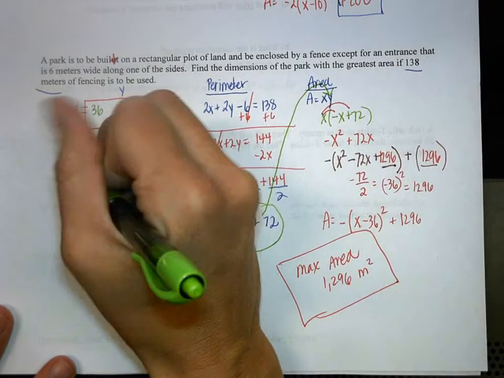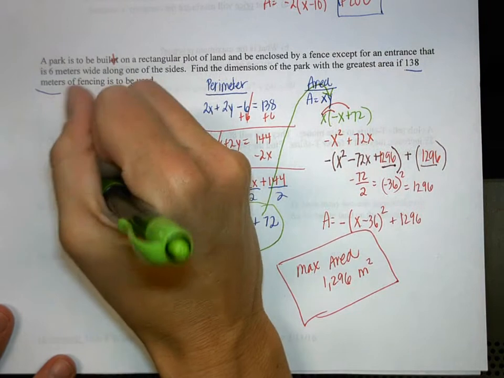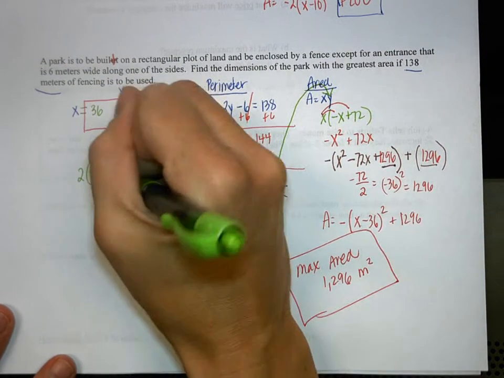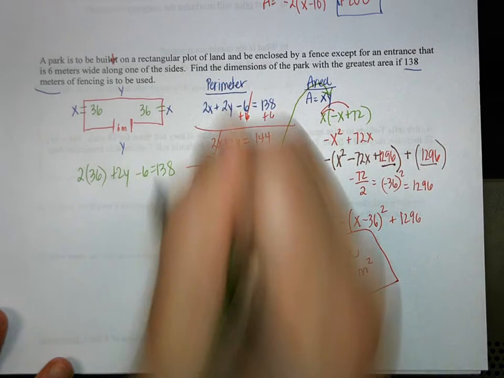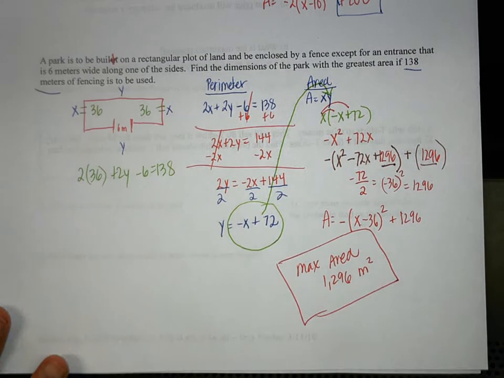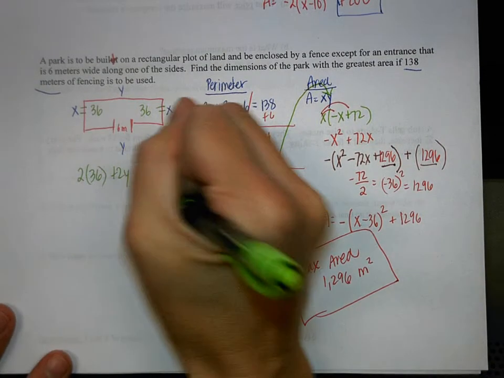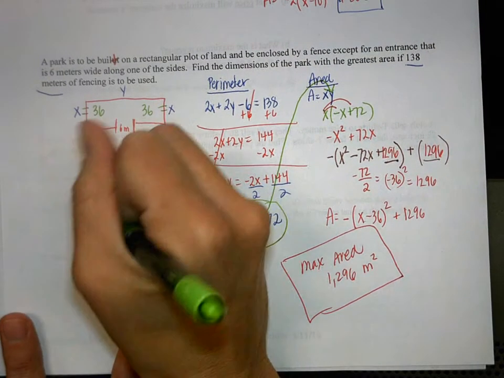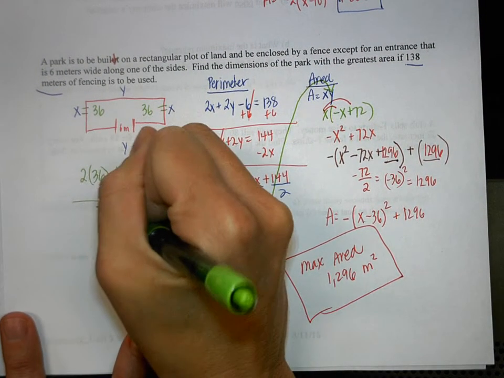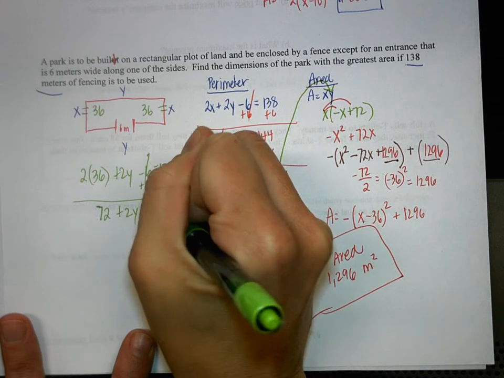So if I just use this equation, 2 times 36 plus 2y minus 6 equals 138. And I solve, I add 6 to both sides. 2 times 36 is 72 plus 2y equals 144.